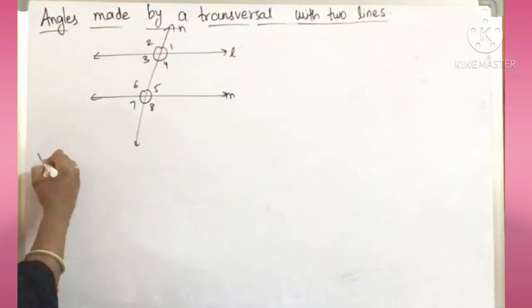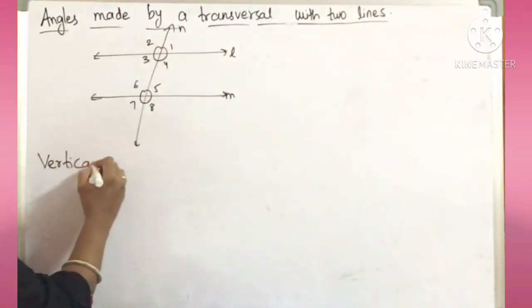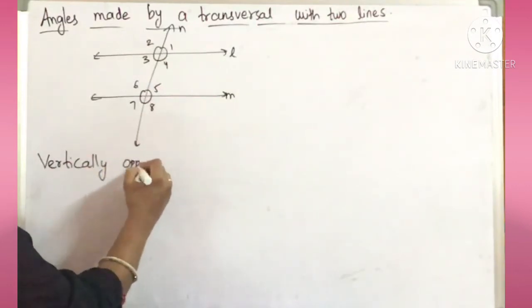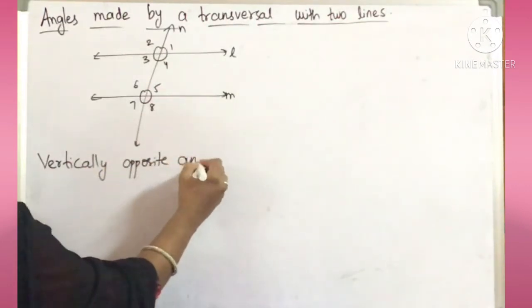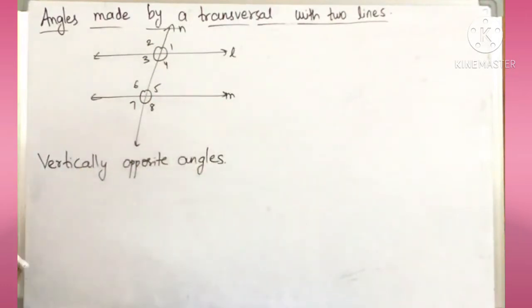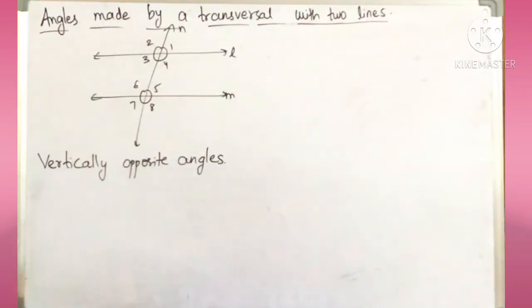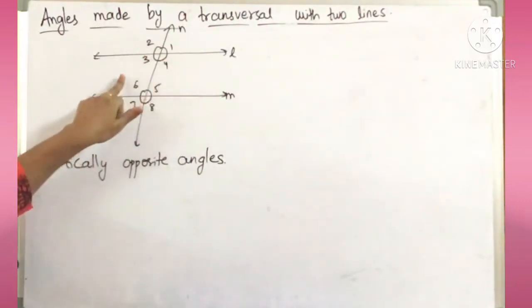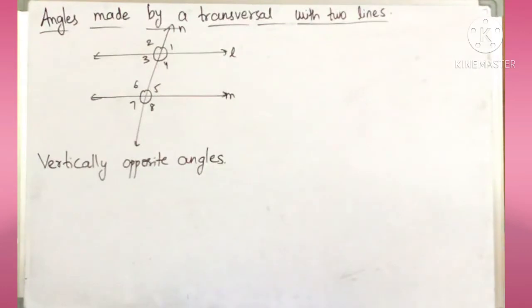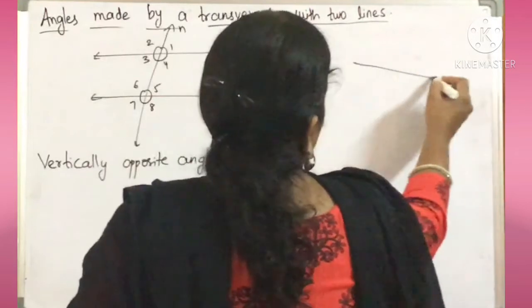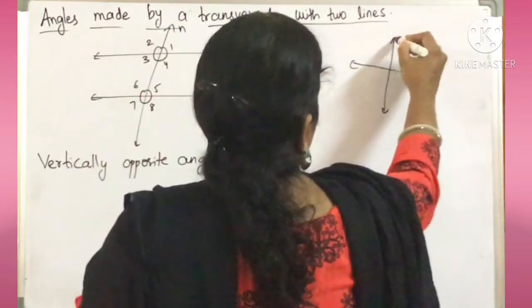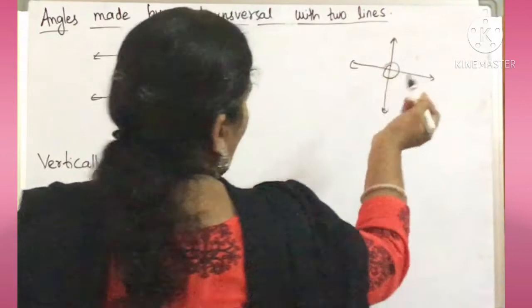Next, the third type we are going to discuss is vertically opposite angles. In the figure, a total of 8 angles are formed, and just now I discussed that angles 1, 2, 7 and 8 are exterior angles, and angles 3, 4, 6 and 5 are interior angles. Now, vertically opposite angles: when two lines intersect, the angles that form opposite to each other.